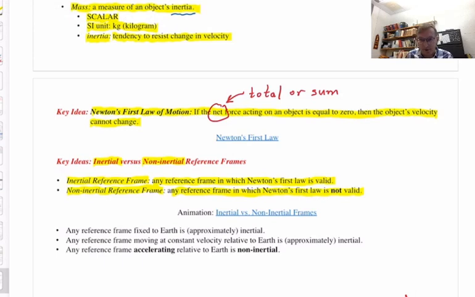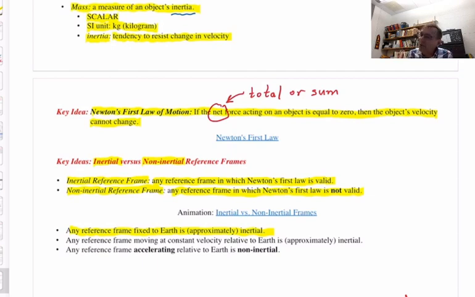Things that are really important to note for our work in solving homework problems and talking about dynamics in class. First, any reference frame fixed to Earth is going to be taken to be inertial. Yes, technically, very technically, it's true that Earth itself is only approximately inertial.